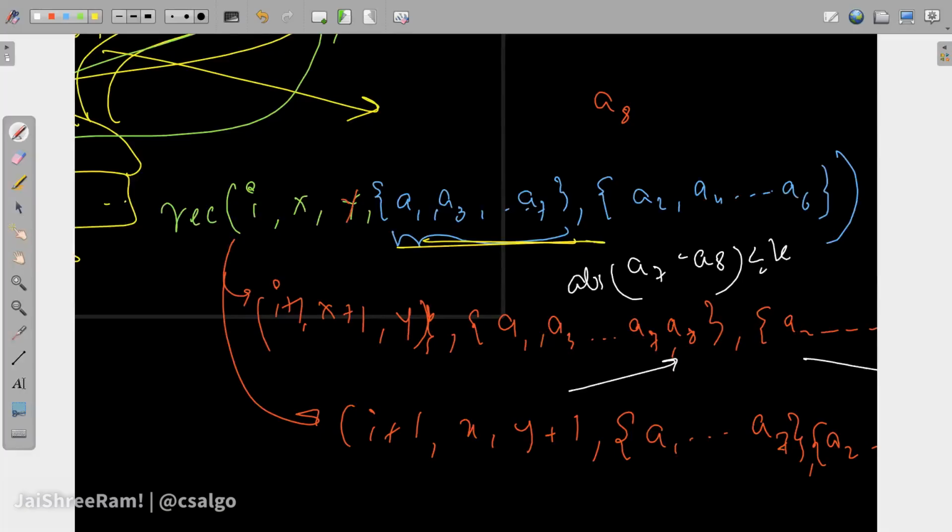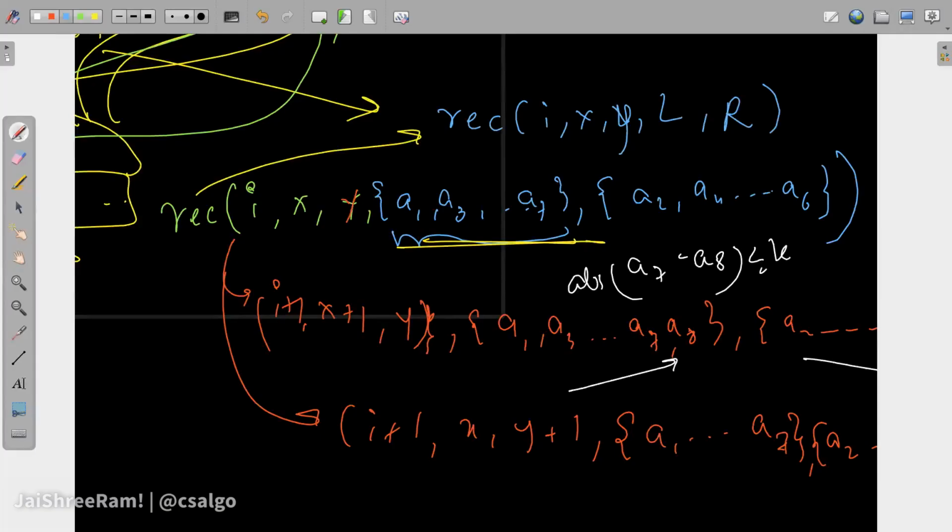Yeah, the last element, right? A better way to write this, which is more suitable for DP kind of problems, is keeping only the last value. So we will go to recursion of I, x, y, and what was the last value over here, and the last value over here.